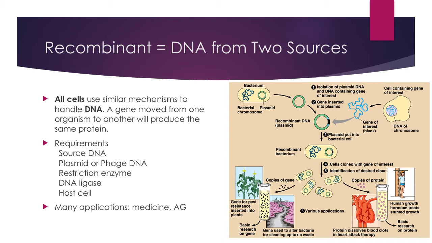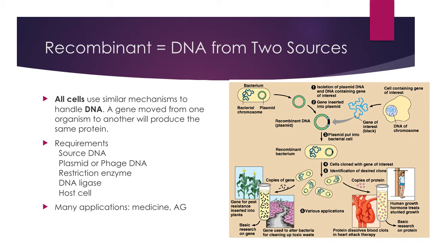Then you mix the two types of DNA together. Both have been cut by the same restriction enzyme, and then you add another enzyme, DNA ligase. That DNA ligase will splice together, glue together, those different pieces of DNA.